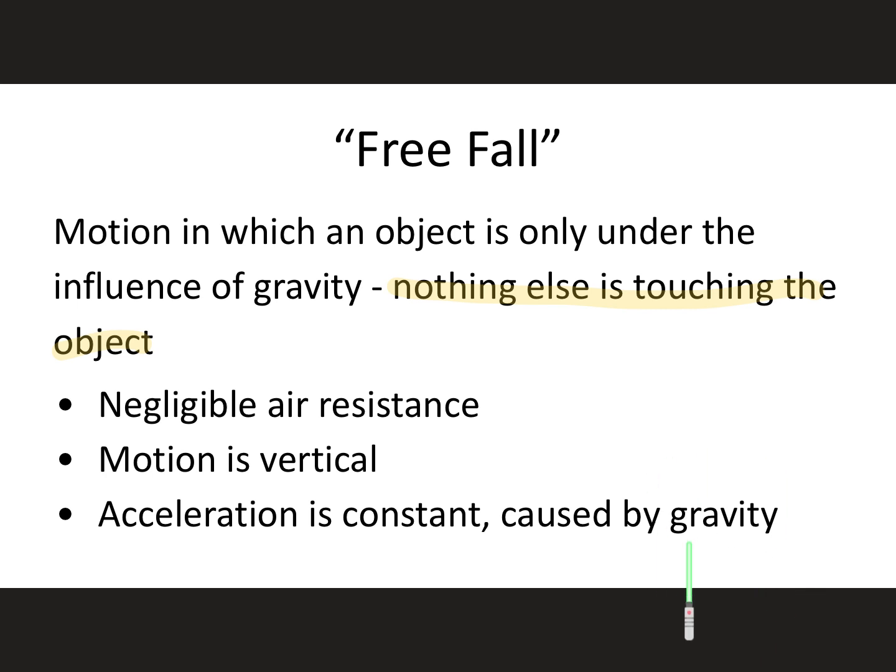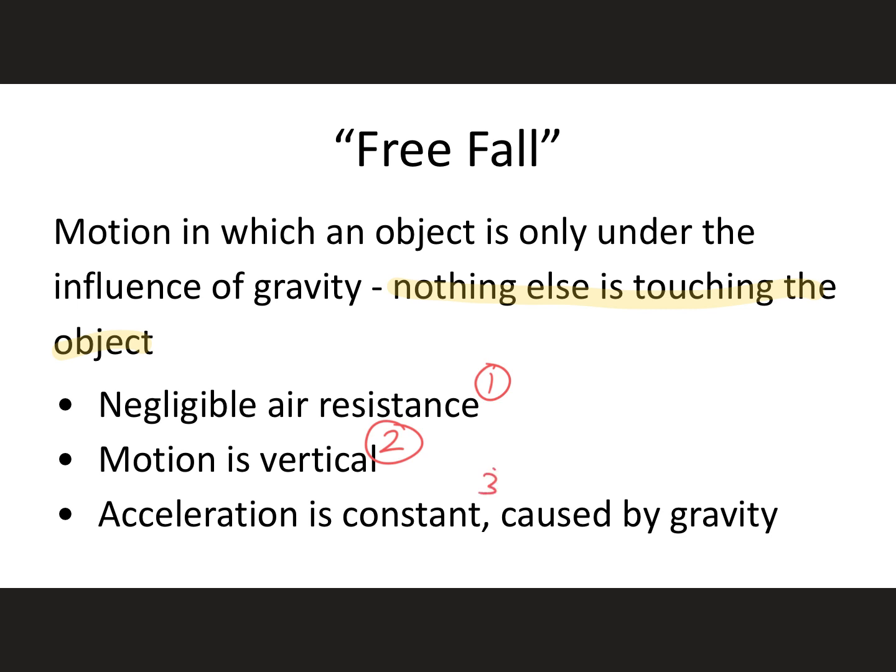We'll talk about what gravity is in a later unit, like the force of gravity, so spoilers. But you need to know the acceleration itself is constant. So important, free fall is when nothing else is touching the object. And our constraints are: one, negligible air resistance; two, at least some motion is vertical; and three, the acceleration is constant.